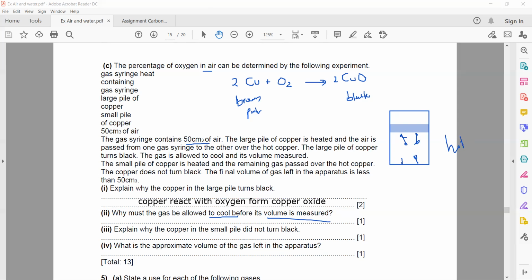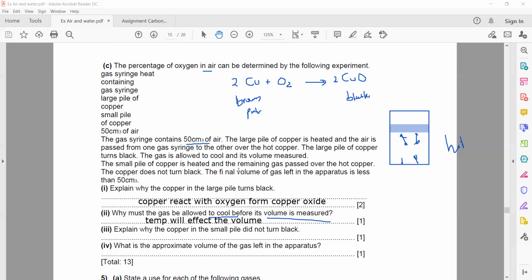So why should we cool down this gas syringe before measuring the volume? Because the volume of the gas is affected by temperature. So the temperature or the heat will affect the volume. That's why we should cool down or take the volume at room temperature.